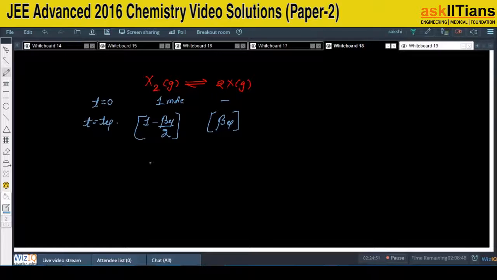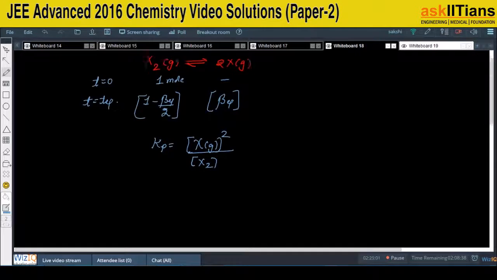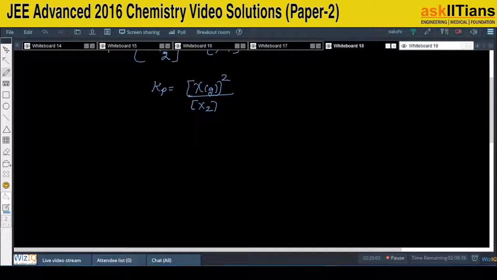What I was asked to write is the Kp value, which is nothing but X in the gaseous state raised to the power 2 divided by X2 in the gaseous state. Now, rather than talking in terms of concentration, we have to say P of X whole square divided by P of X2. This is what we have to find out.